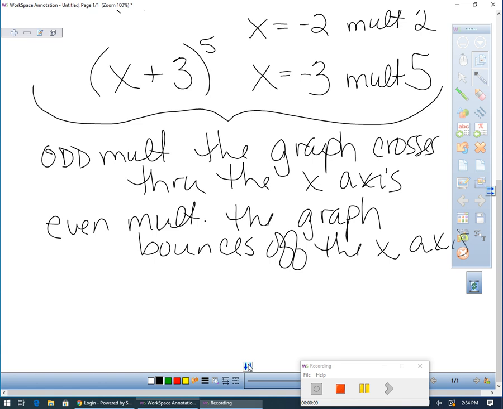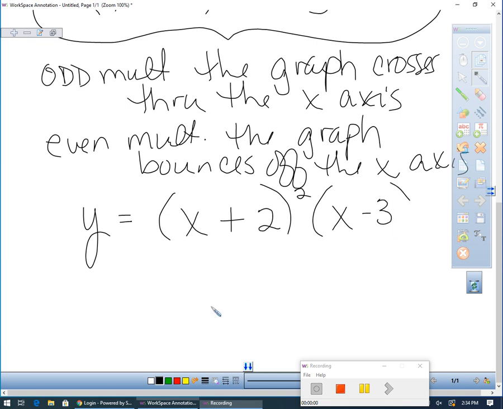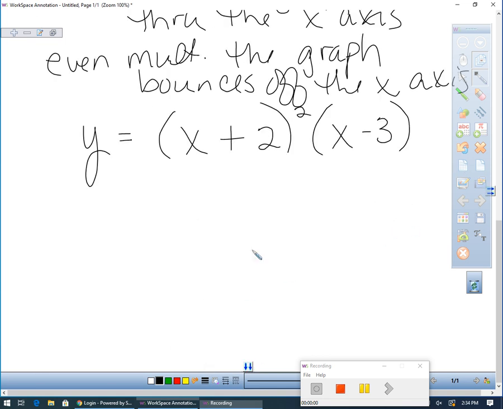So, for example, we'll do an example. Let's say I have y equals x plus 2 squared times x minus 3. Alright? So this first one, I have a zero at x equals what? Negative 2.